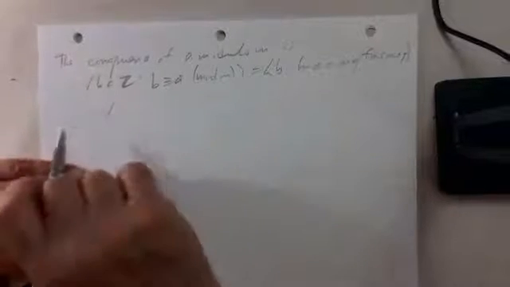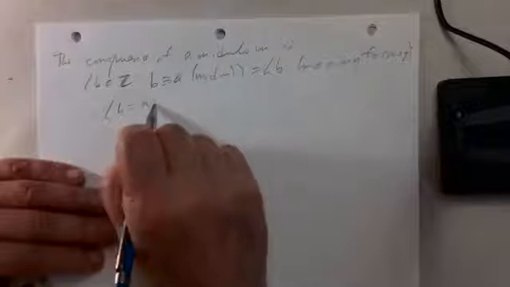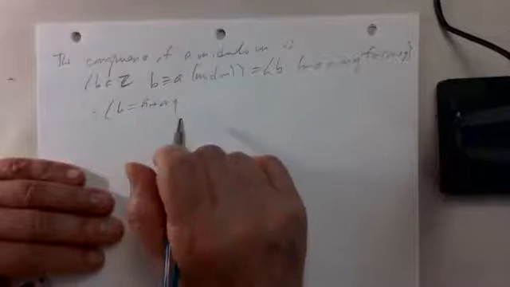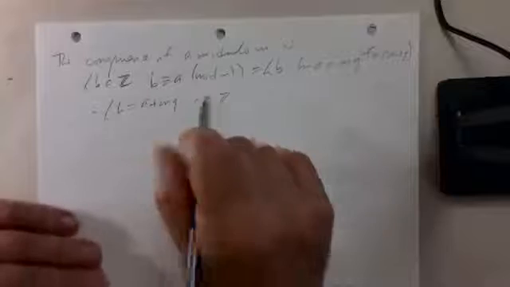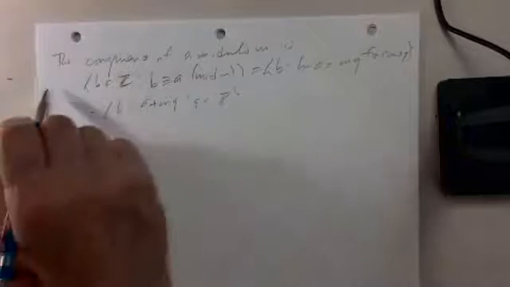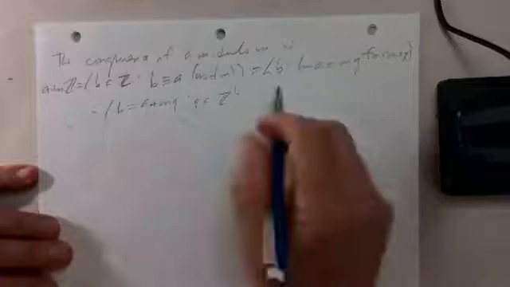for some q. This is the set of all integers you can write in the form a plus mq, q in Z. And our notation for this is a plus mZ. So this is really an arithmetic progression.